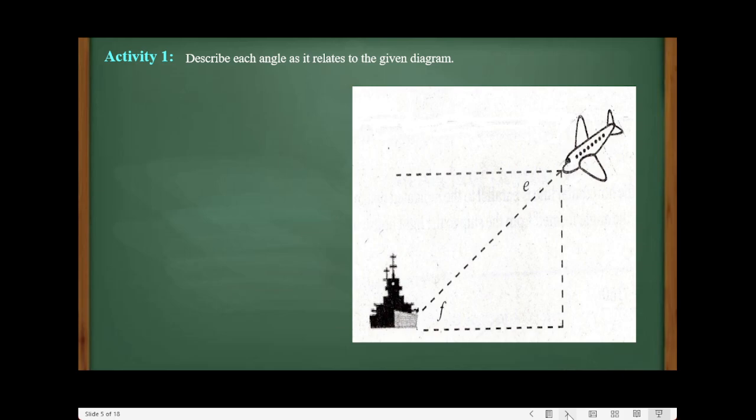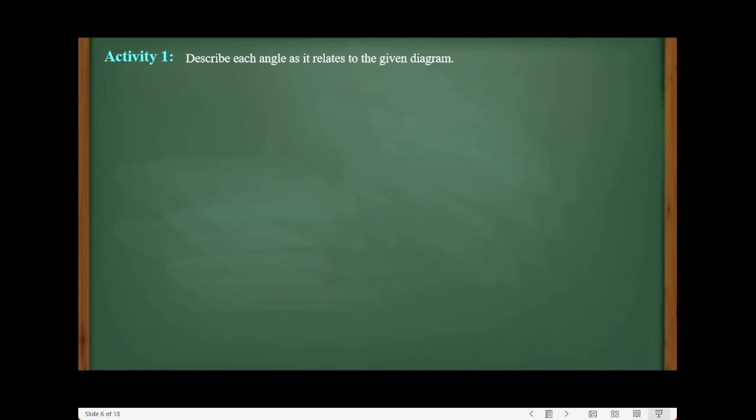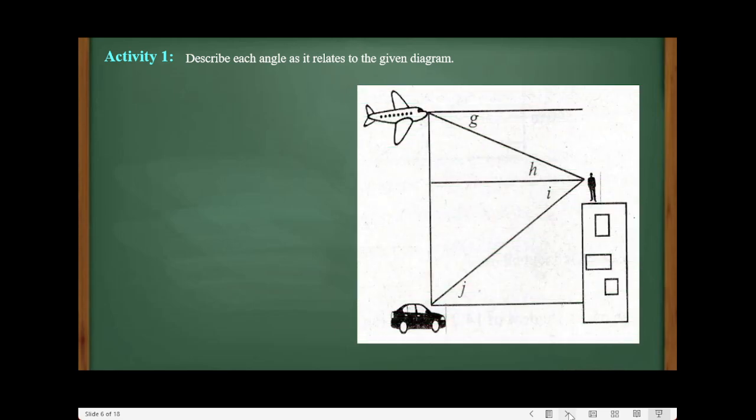Next one. We have these two. Next. I think this is the last diagram or illustration for the last 4 items. So all in all, we have 10 items.